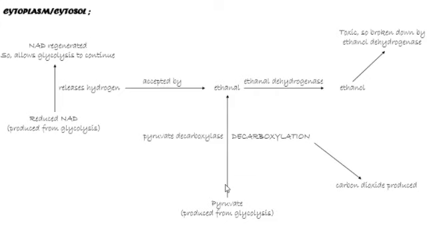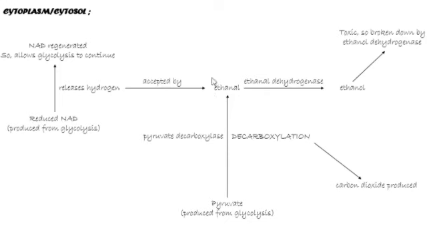Let me give you a brief summary of the entire process. The process starts off when pyruvate, which is a product of glycolysis, undergoes decarboxylation to form ethanal, and the decarboxylation of pyruvate is catalyzed by an enzyme called pyruvate decarboxylase. In addition, the decarboxylation of pyruvate results in the formation of carbon dioxide.